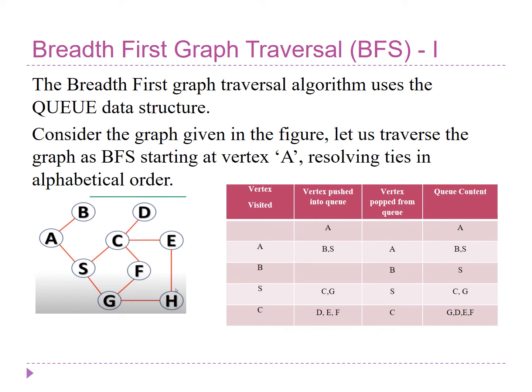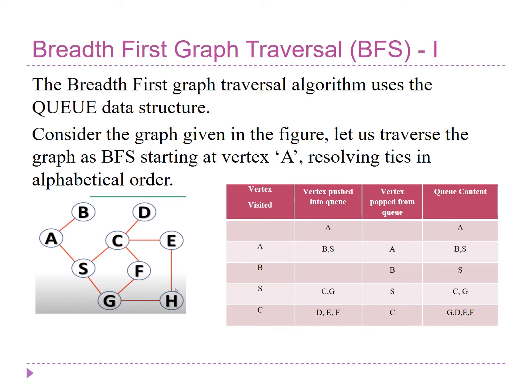Now we know that the vertices B and S are connected to A. We pop the vertex A from the queue and mark A as the visited vertex. Then the vertices that are connected to A, which are B and S, are pushed into the queue.